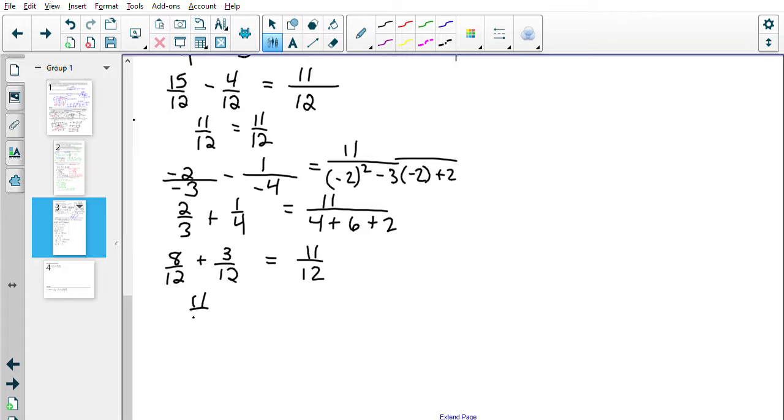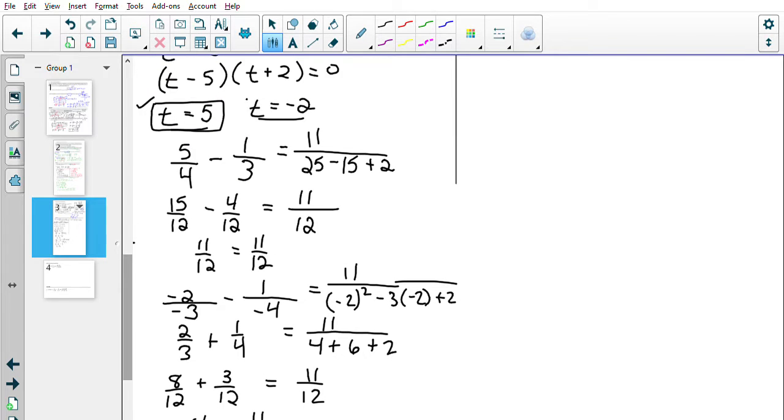Looking snazzy. 11 over 12, the other number works as well. Both of those look awesome. So they check out. So next thing we have to then do is go over to our other equation.